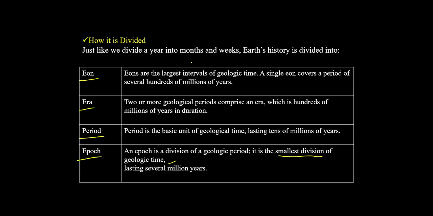Then period is the basic unit of geological time scale, and two or more geological periods comprise an era. Clear? Then eons are the largest intervals of geological time scale. A single eon covers a period of several hundreds of millions of years.